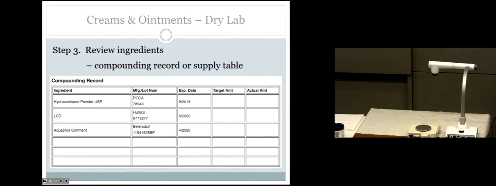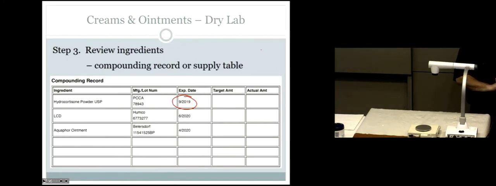So let's go ahead and do our beyond use date. Circle the shortest expiration date on there. Let's get that out of the way. So here, if I look at my ingredients, 9/2019 is the shortest expiration date. The trick on this is, is it 9/30 or 9/31 of 2019? Is that even right, though?